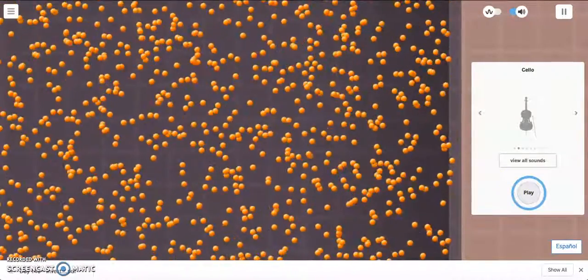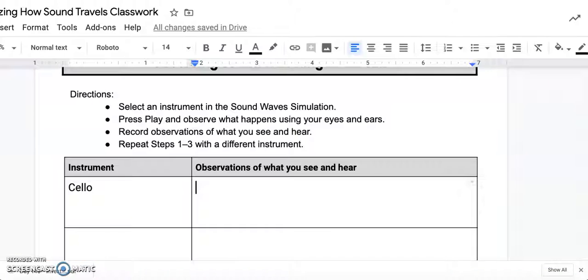So I'm going to come back to my classwork and I'm going to write down everything that I observed. And for this, I'm going to use what we would know as bullet points. To do that bullet point, all I did was click on the subtraction symbol, which is above the numbers. And I'm going to start typing.